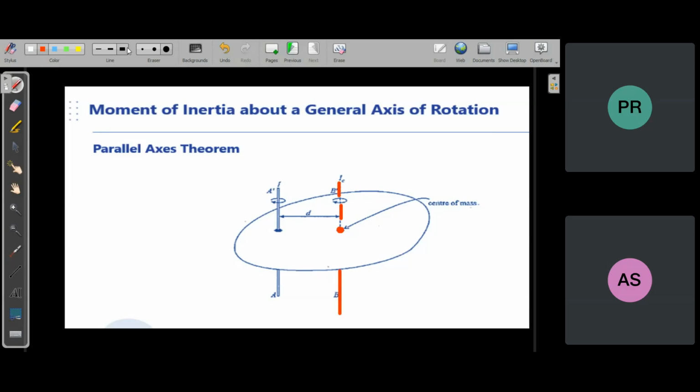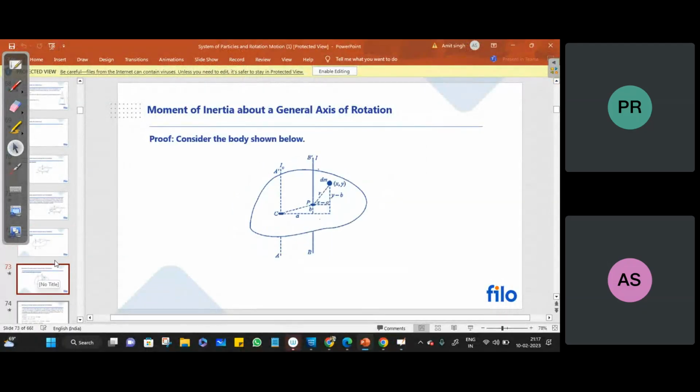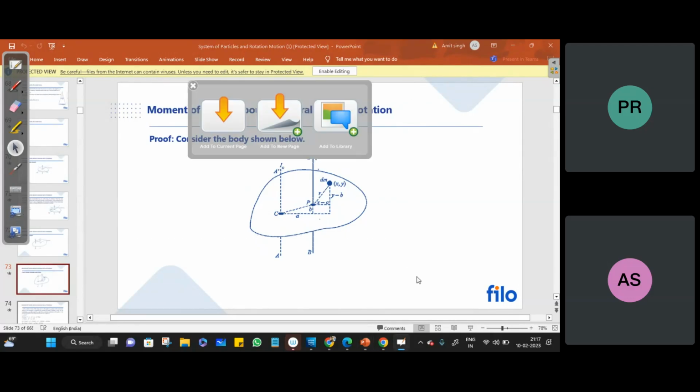If the moment of inertia of this body about an axis passing through center of mass is IC, then with the help of parallel axis theorem, you can find moment of inertia about any axis which is parallel to this axis passing through center of mass. So about any of these axes you can find. Here you have to understand that it is not the center, it is the center of mass.